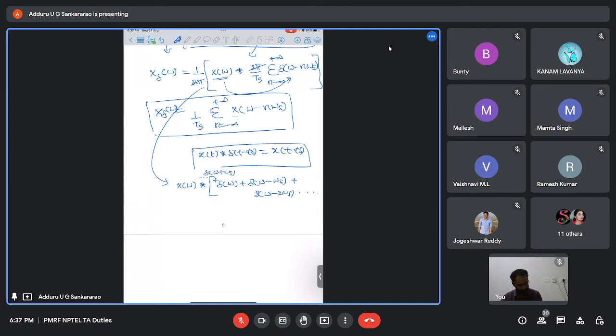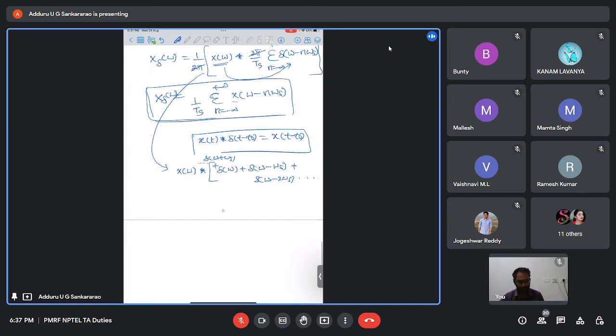So individual convolution we can take. This is the Fourier transform of the sampled signal, X delta of omega is 1 by Ts sum from minus infinity to plus infinity x of omega minus n omega s. Here omega s is nothing but the sampling frequency, that is omega s is nothing but 2 pi fs or 2 pi by Ts.